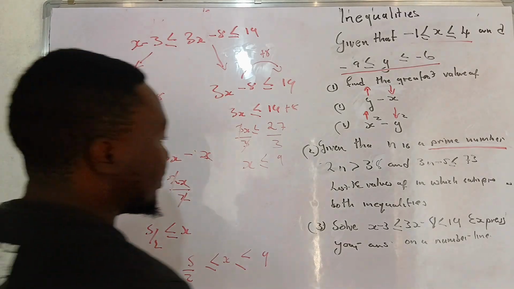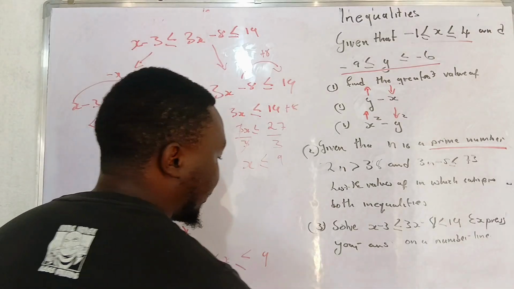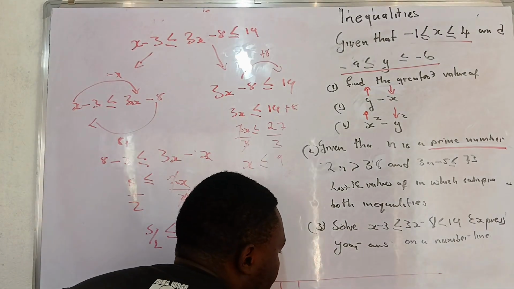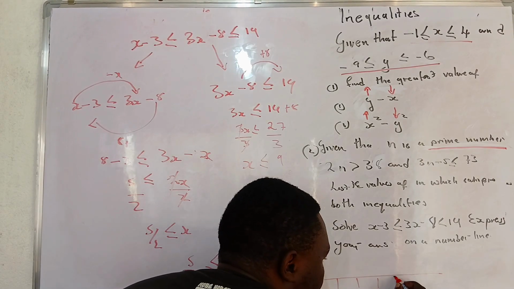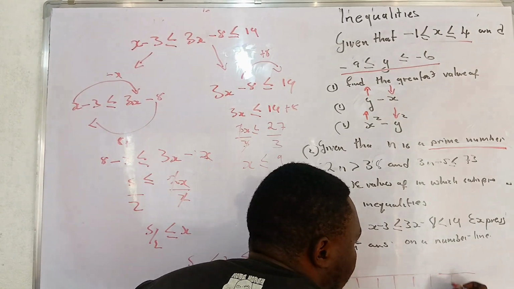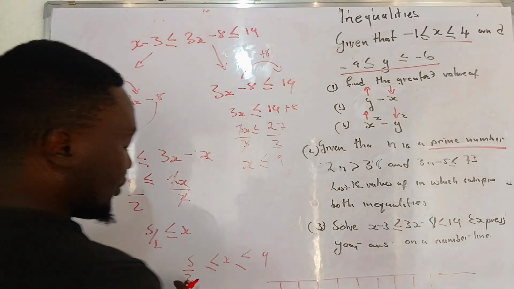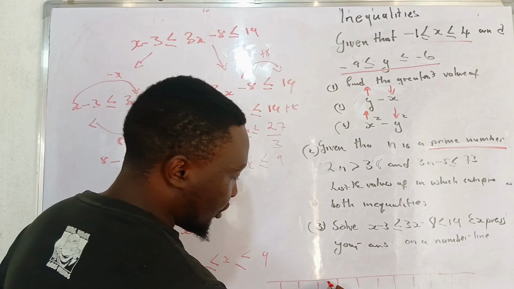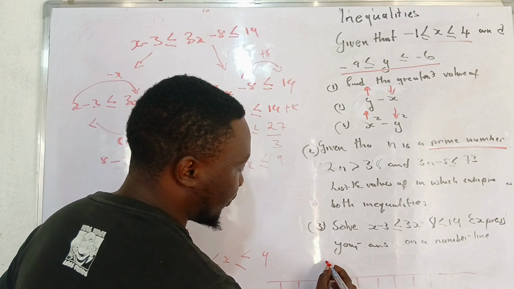So we can express this on a number line. If you draw a number line, 0, 1, 2, 3, 4, 5, 6, 7, 8, 9. So we have greater than or equal to 2.5, somewhere here, that's where we have 2.5.